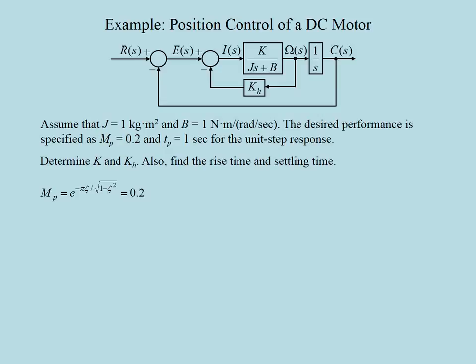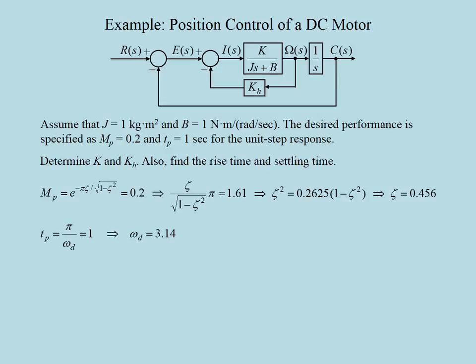Since the maximum overshoot is specified as 20%, we can solve for the damping ratio as 0.456. On the other hand, since the peak time is 1 second, the damped frequency turns out to be equal to pi. Also, the natural frequency can be found as 3.53 radians per second.